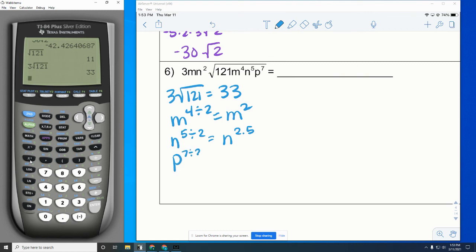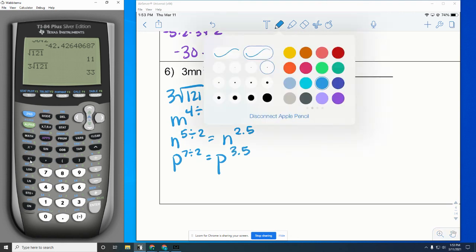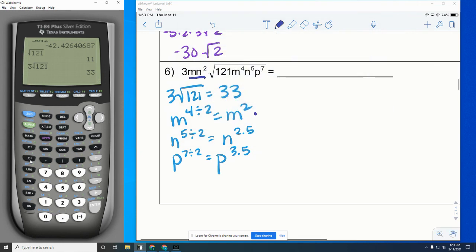And then P's, we have 7, which breaks up into 3 groups. Sorry, the N's do not work nicely. I apologize. And then we already had an M and an N squared. So M's, I have 2, and there's 1 remaining, so there will be 3 total. N's, I had 2.5, and I'm adding 2, so there will be 4.5 total.